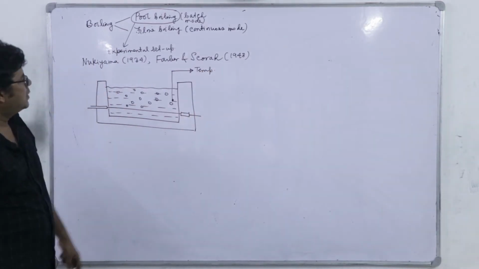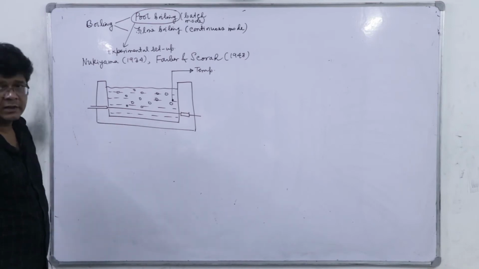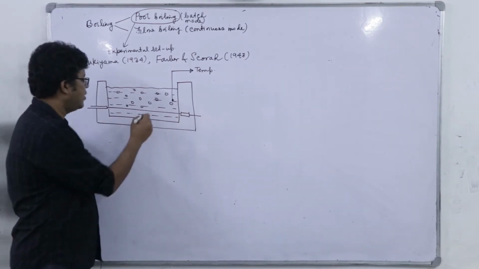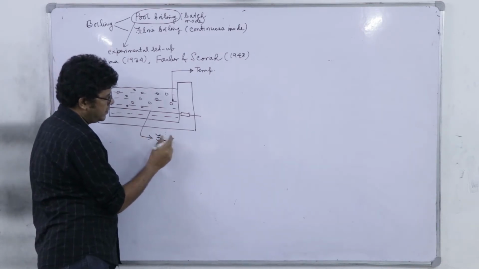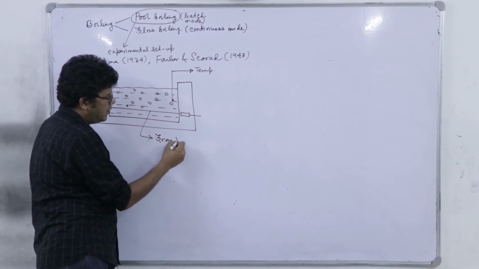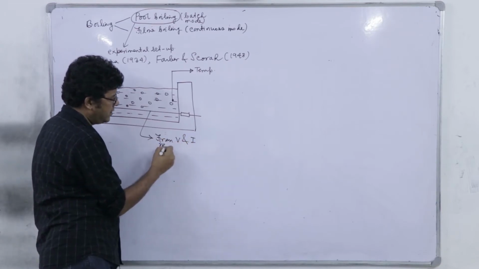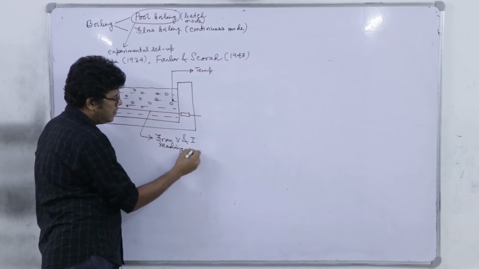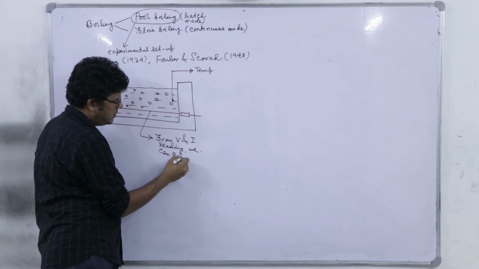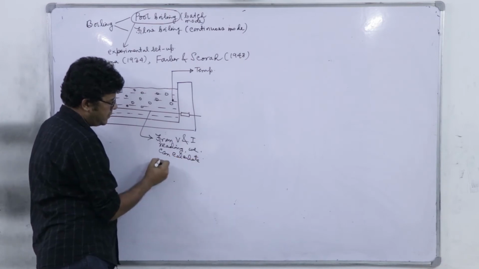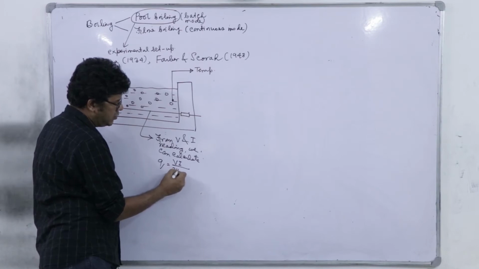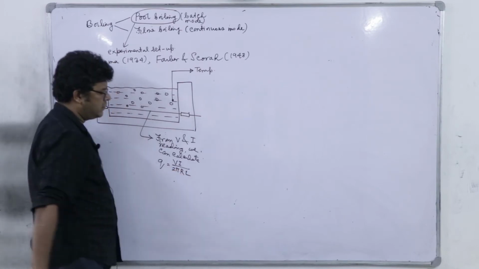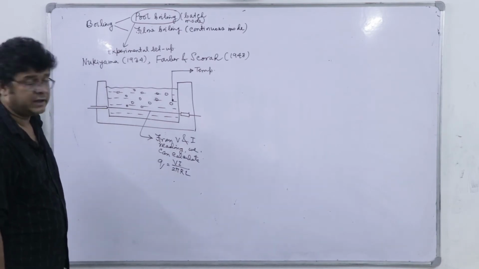right. Now, in the coil, I must know the surface temperature of the coil. So, from the voltage and current reading, we can calculate the heat flow rate, or heat flux rather, which is V into I divided by 2 pi R into L. So, that is the surface area, and from there we get the heat flux.